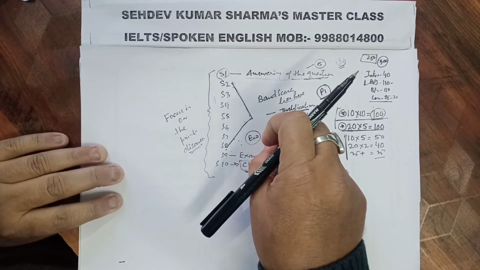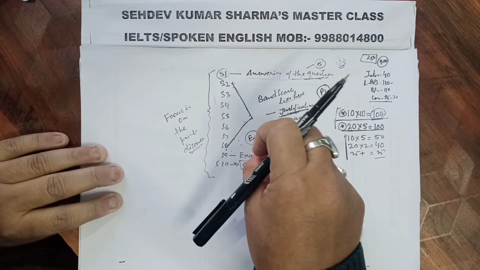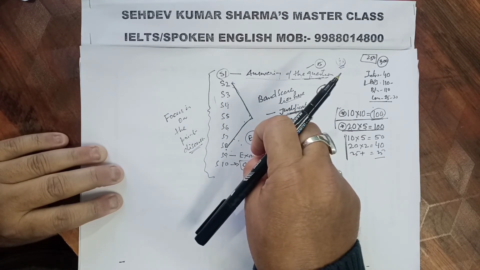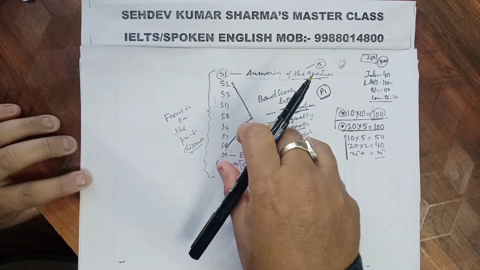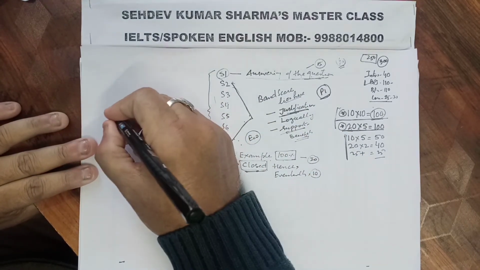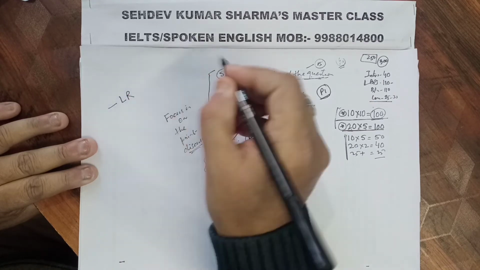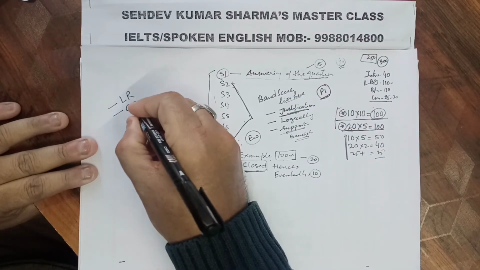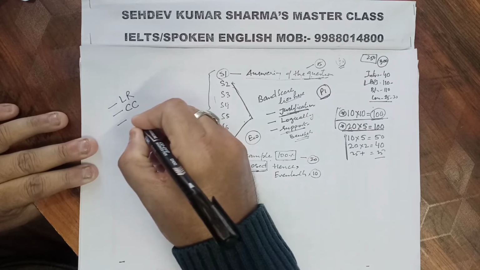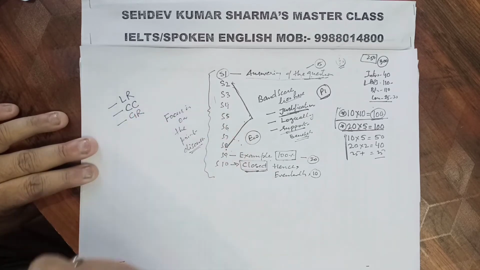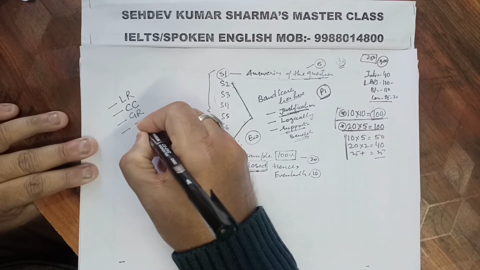My dear students, this is the core area where you are losing your marks, because we all know there are basically 4 factors to get your scores. One is your lexical resource. Second is CC, cohesion and coherence, and third is your grammar plus range. Fourth is your task response.